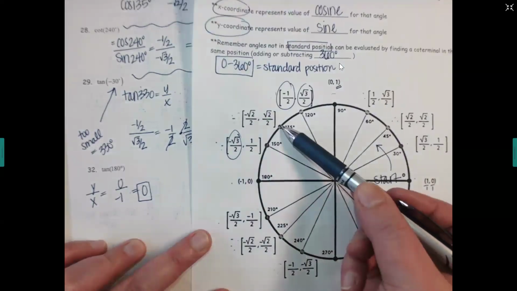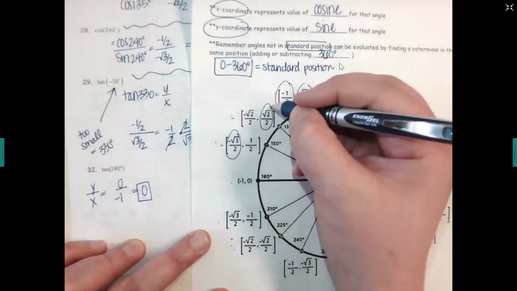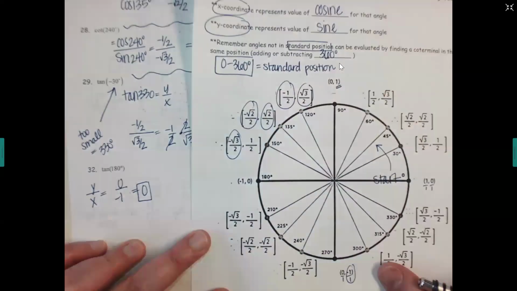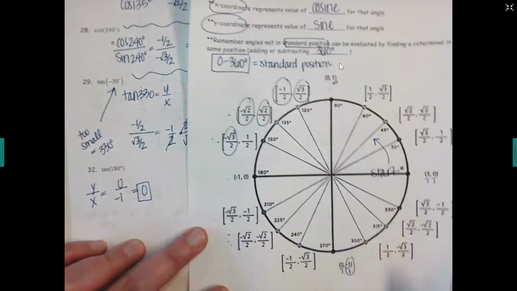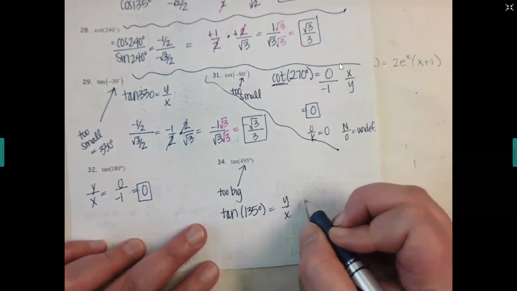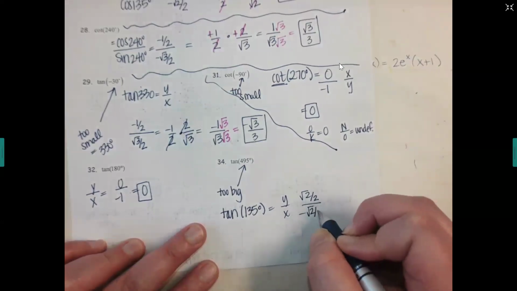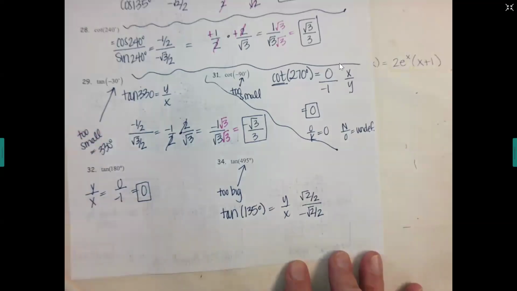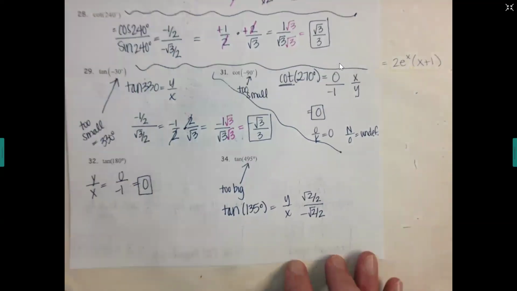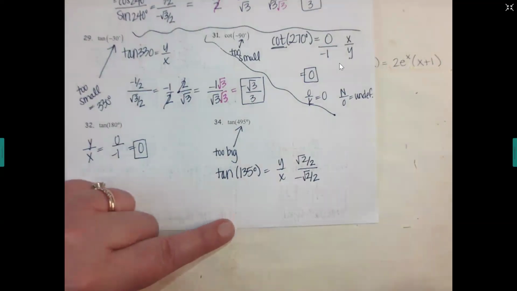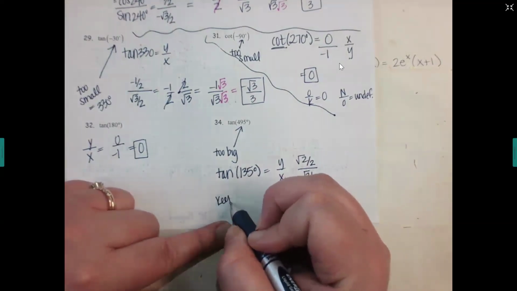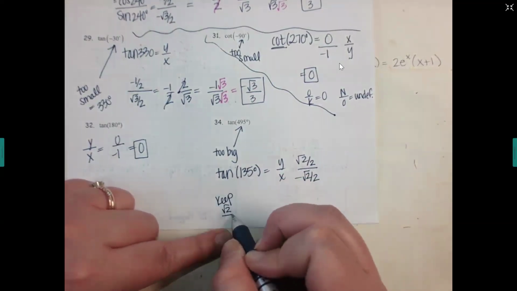135 is right here. My y is √2 over 2 divided by -√2 over 2. And then I see fraction divided by fraction. That's going to be a keep, change, flip. So I'm going to keep the √2 over 2 on top.